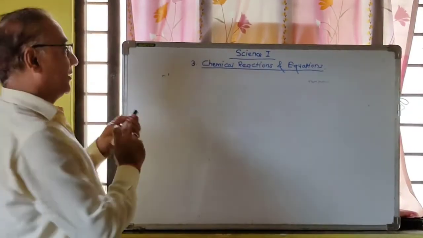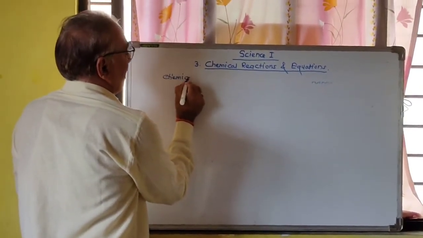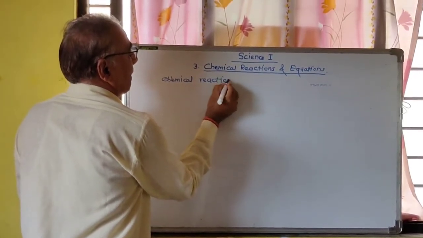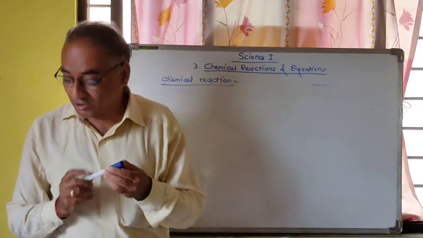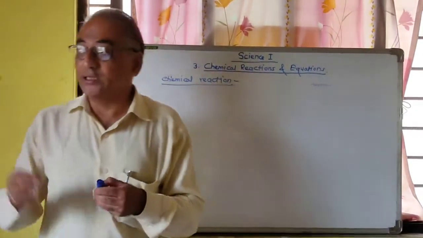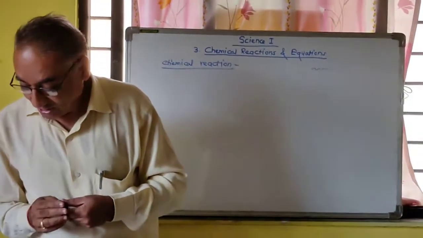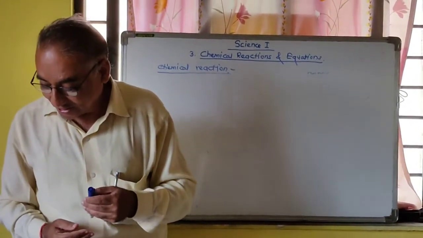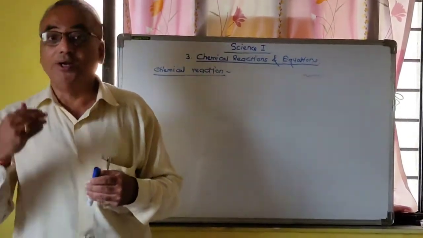Now let us start the main topic, chemical reaction. A chemical reaction is a process in which a substance undergoes bond breaking and transforms into a new substance by the formation of new bonds.